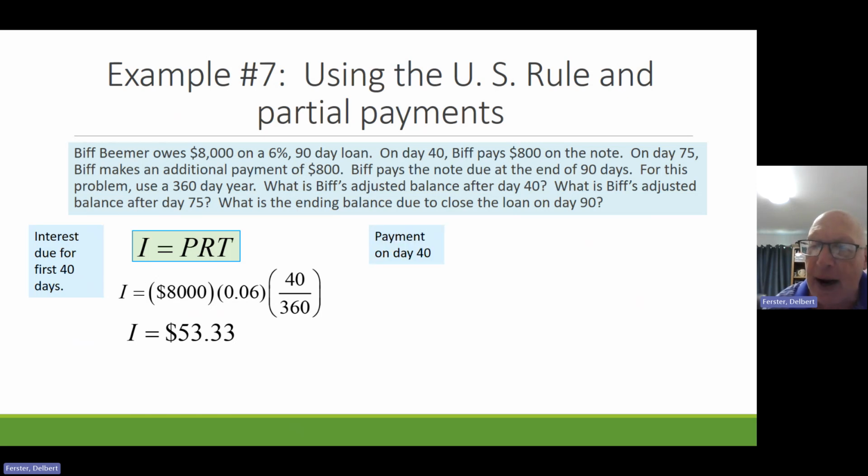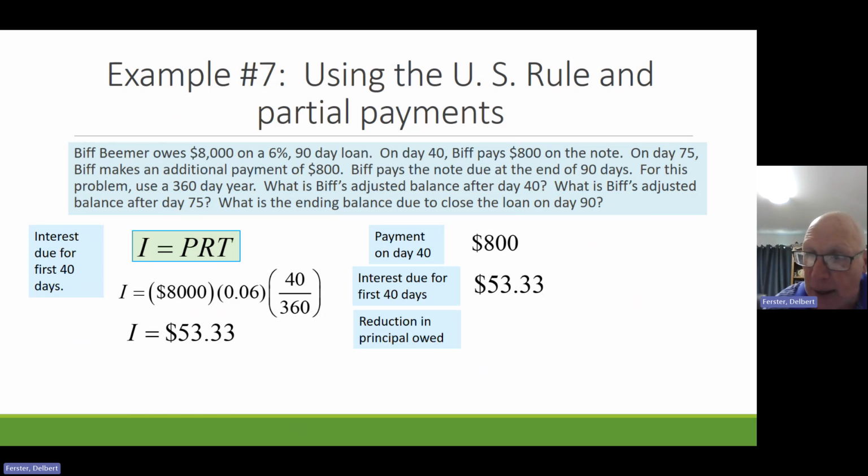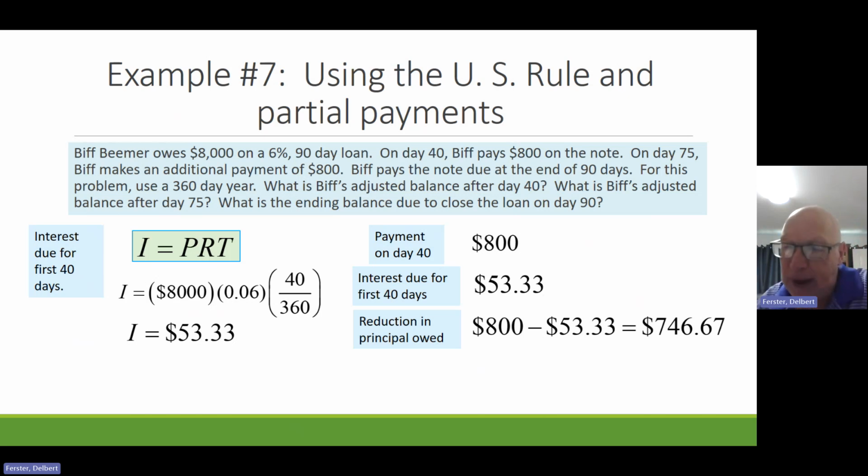So here's what we now know. $800 was the payment sent. $53.33 of it goes to pay interest. The balance, which is 800 minus 53.33, $746.67, comes off the $8,000.